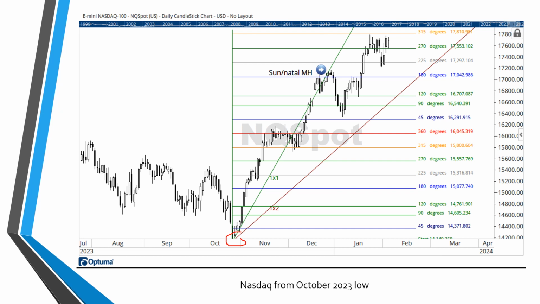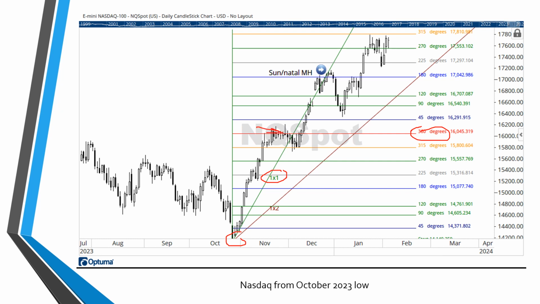So you can see that from the October lows, we came firing on all cylinders, moving higher. We followed the Gann 1x1 line. It made one complete revolution around the square of 9, and that is exactly where we hit overhead resistance, right there.